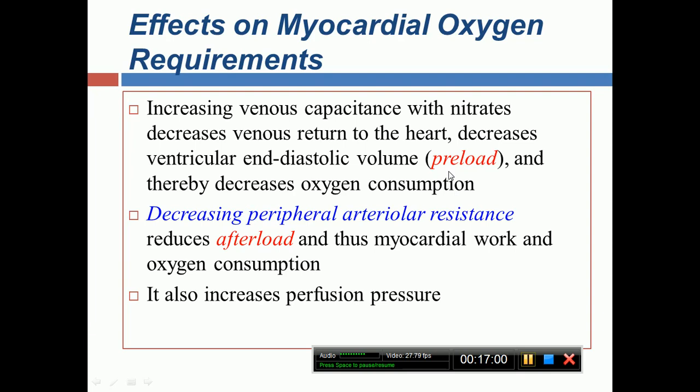So the greater that volume, the greater would be the pressure in the heart to pump that blood. So thereby all these measures will decrease oxygen consumption. So decreasing peripheral arteriolar resistance, it reduces afterload and thus myocardial work and oxygen consumption. So it also increases perfusion pressure.